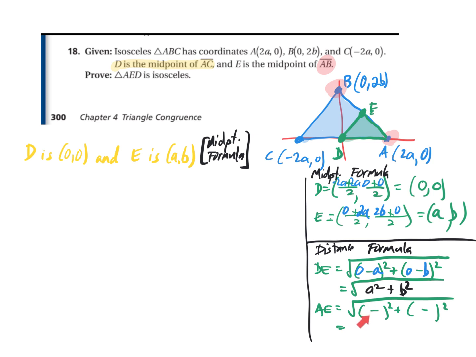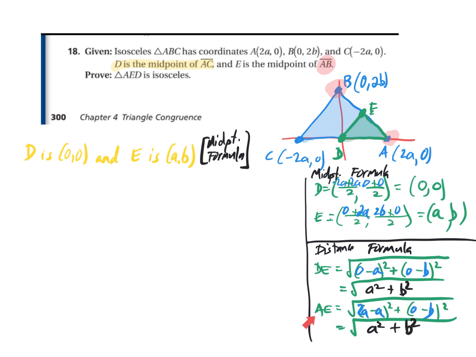We'll subtract the x-coordinates first for points A and E, which are 2A and A. And then we'll subtract point A and point E's y-coordinates, which are 0 and B. 2A minus A is A. A squared is A squared. 0 minus B is negative B, and when you square that, we get positive B squared.